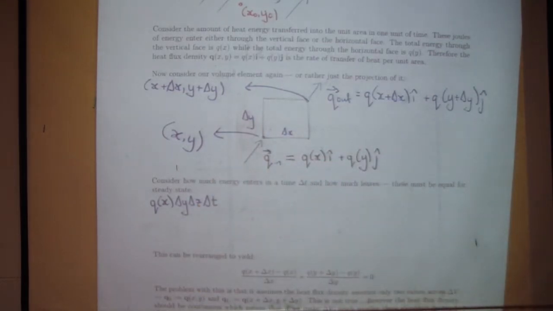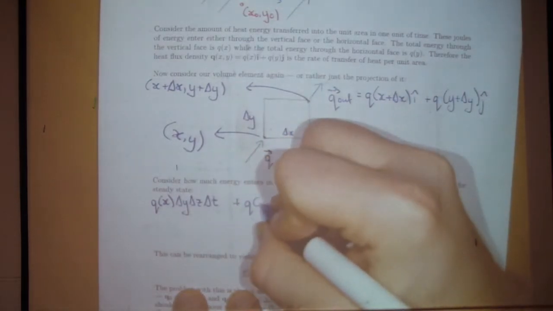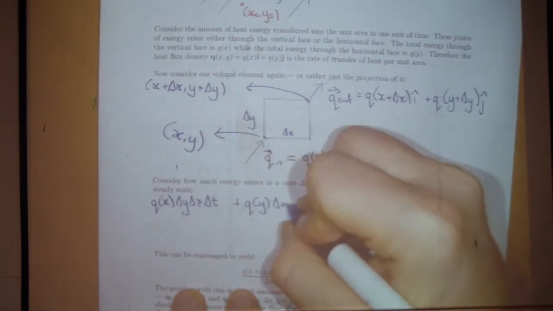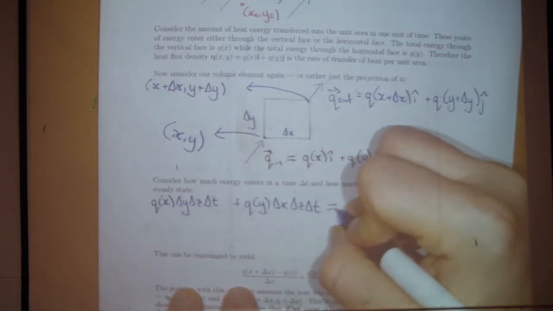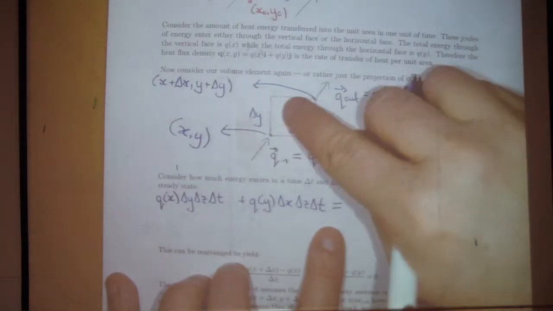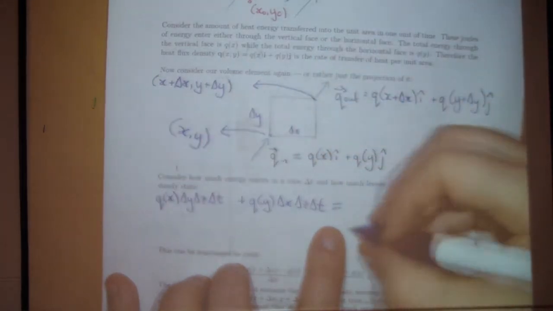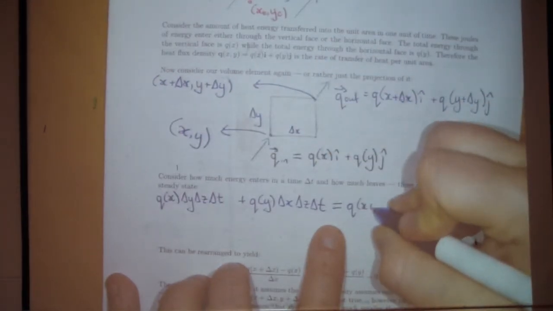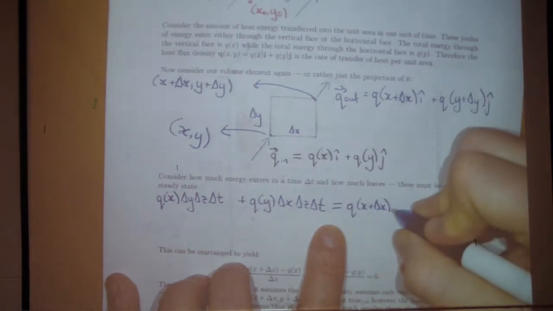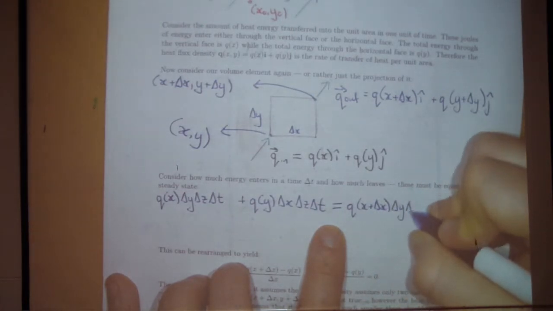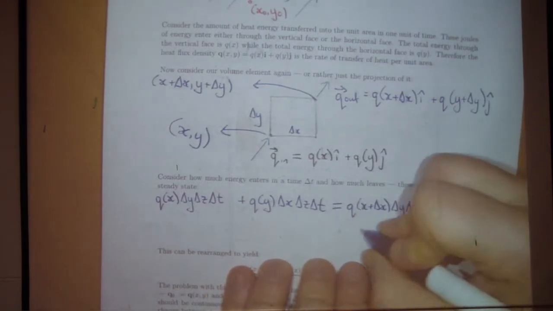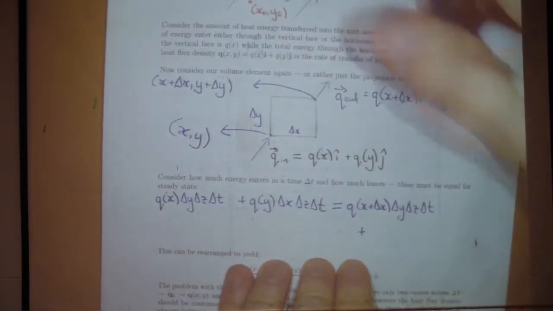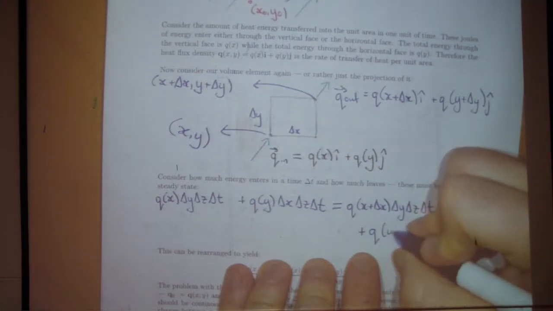You've also got heat going through the bottom face. And now you've got heat going out as well, out this face here. It would be Q of x plus delta x times delta y, delta z, times delta t, plus the heat energy that goes out the top.